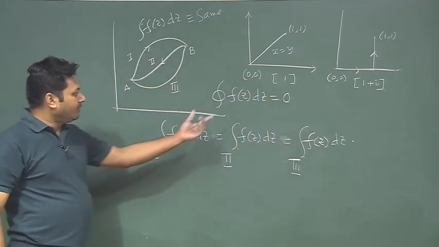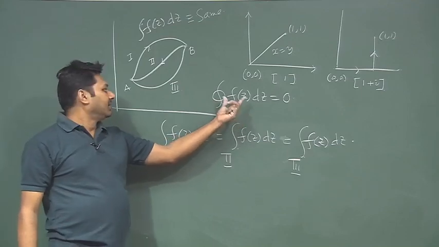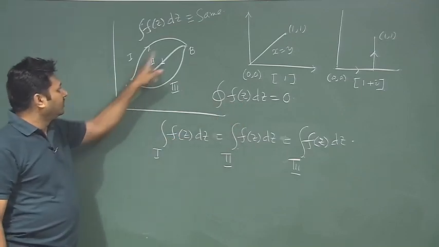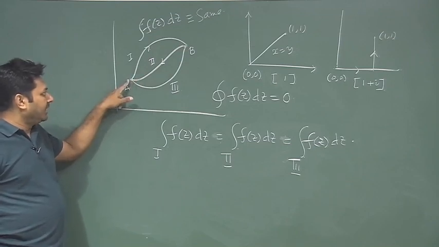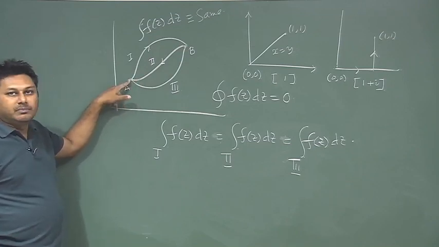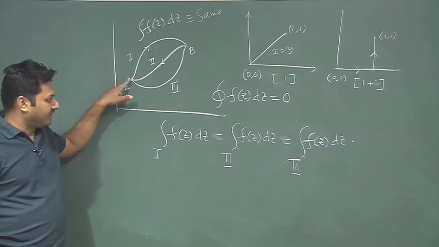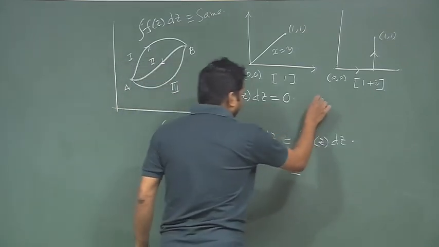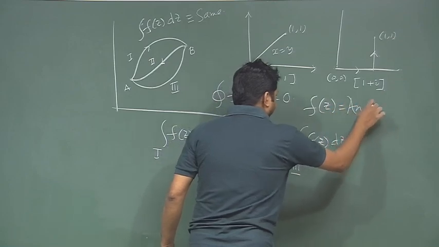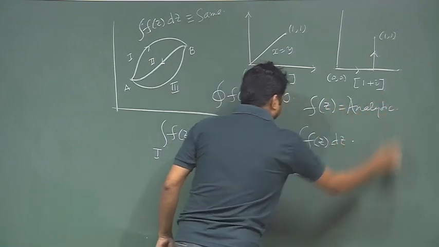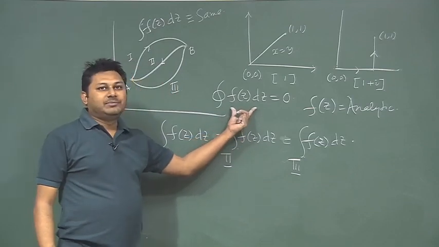That is a very important outcome, because I am going from this to this and from here to here. Since it is path independent, if my initial and final point is the same for an analytic function, obviously here f(z) is analytic, I will always have this relationship.